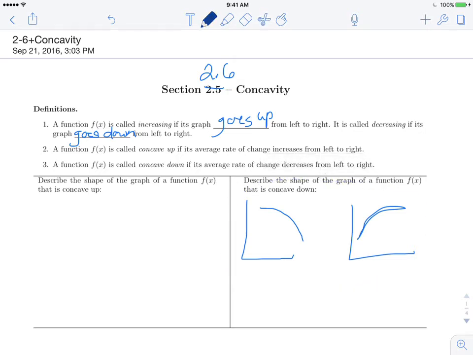The first one, here I'll use the highlighter. This one is decreasing because as we go from left to right, it's going down in value, or at least the outputs are going down in value. And then this function would actually be increasing because it's going up in value. But both of them are concave down.